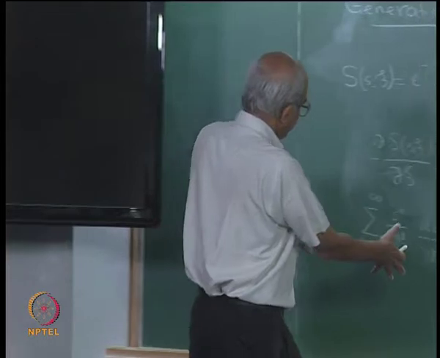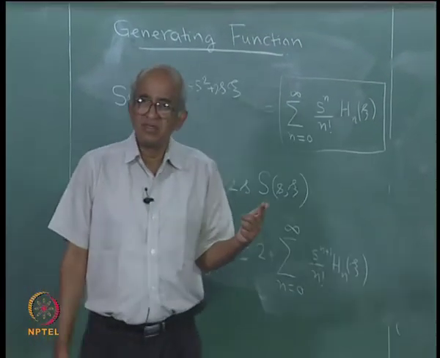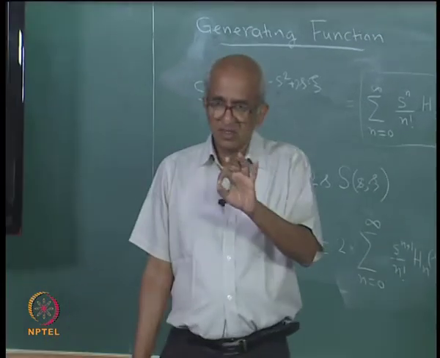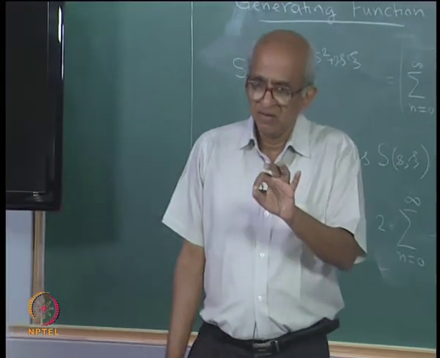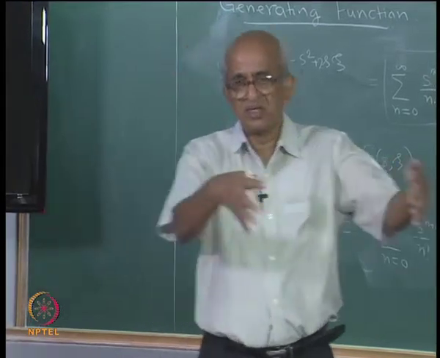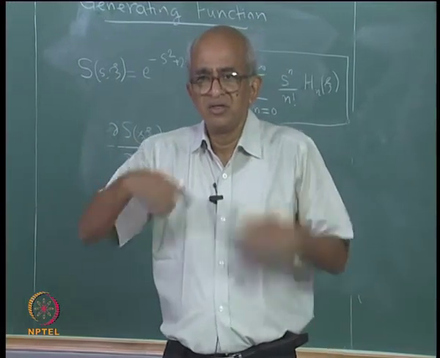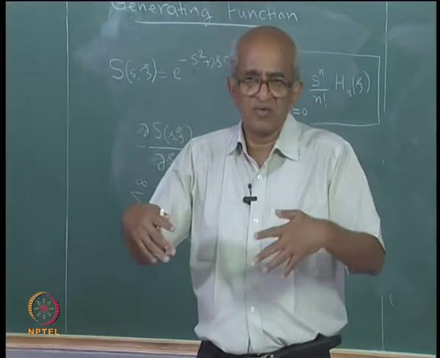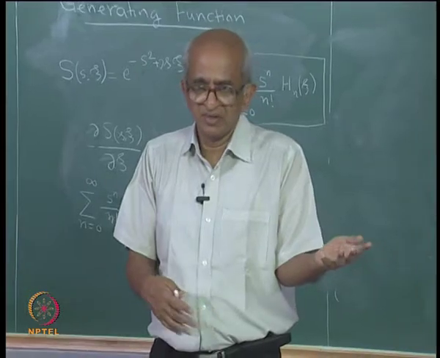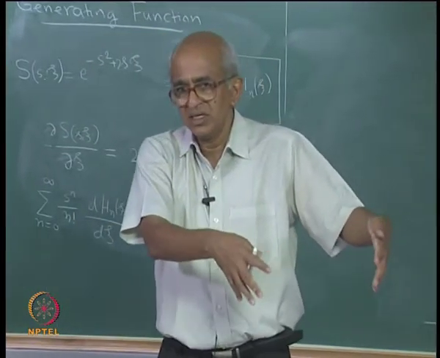So you see here, left hand side you have a power series, right hand side you have a power series in s. If you say one power series is equal to another power series, then what should happen? All the coefficients must match. If you think of the coefficient of s to the power of 4, whatever is there on the right hand side has to be equal to whatever is there on the left hand side.